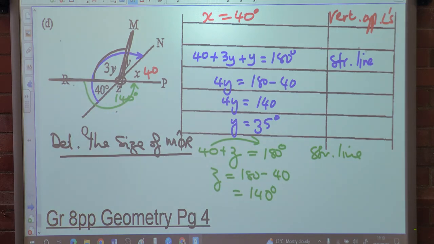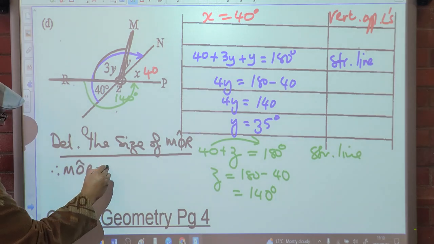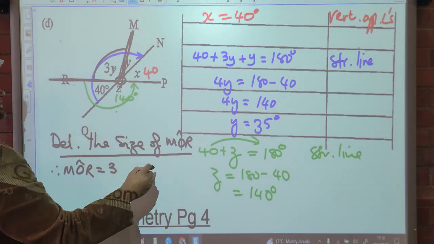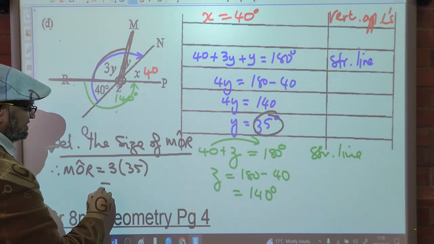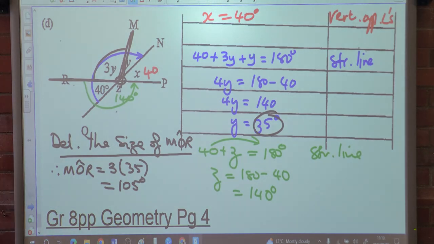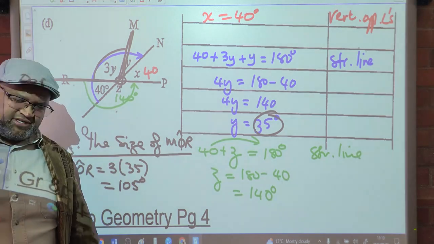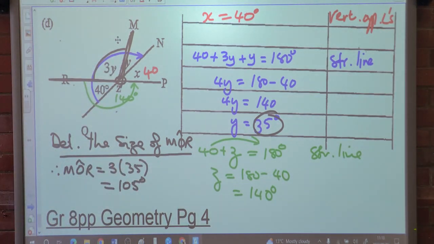Can you see that? So therefore, MOR will be 3y. And what is y? 35. So 3 times 35 is 105. You guys understand? And they can ask you many other things, just to give you an idea. Any confusion?